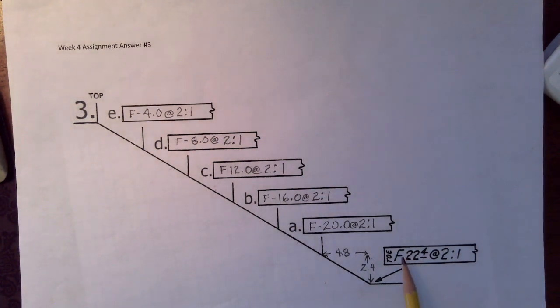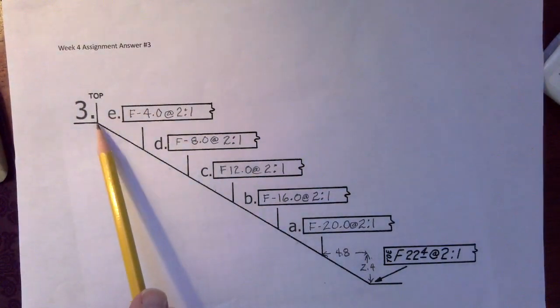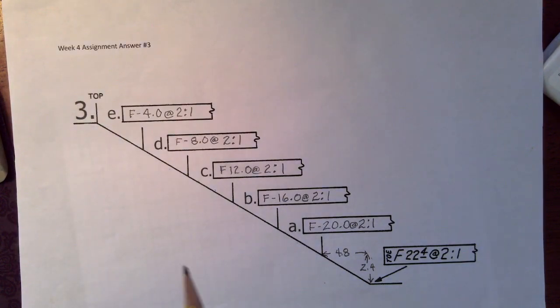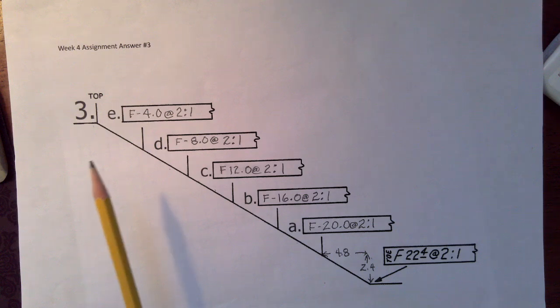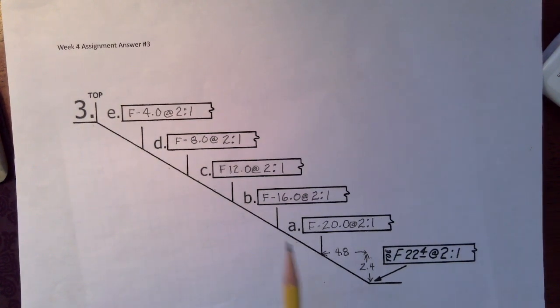Let's start here. The total fill is 22 and 4/10 to the top. For number 3, your answers are going to be A, right here. I'm saying this because you won't have a place, I don't think, to submit this.